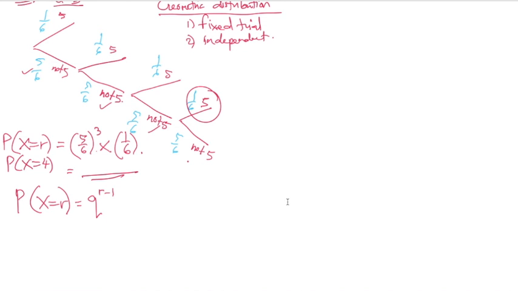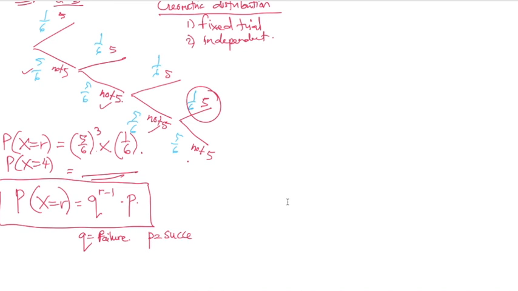Let's say you got your 5 on the fourth trial, so it's 4 minus 1, and this is multiplied by p. So that is your general formula, where q is failure and p is success. Okay, thanks.